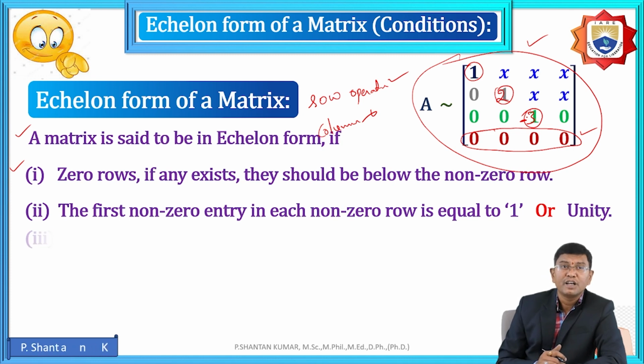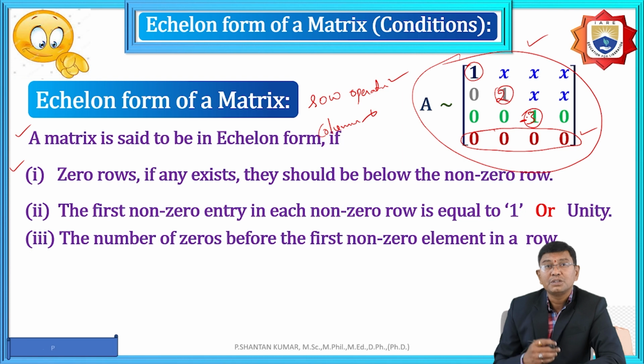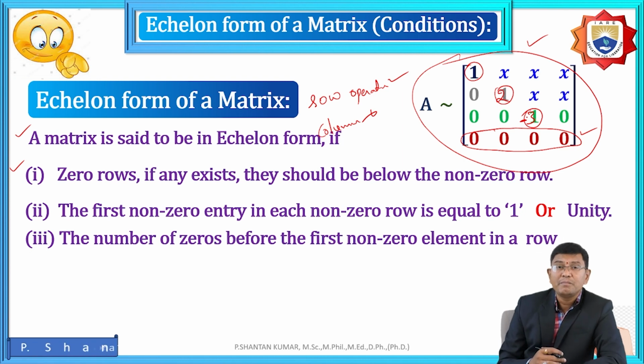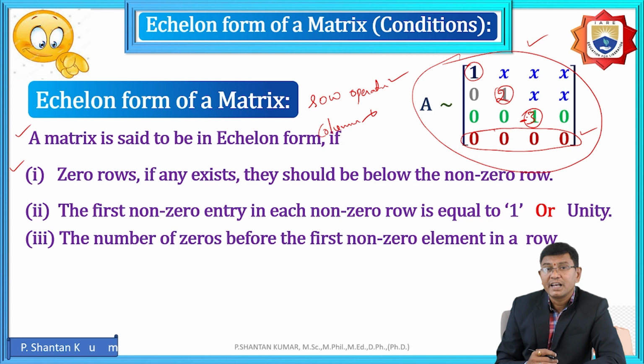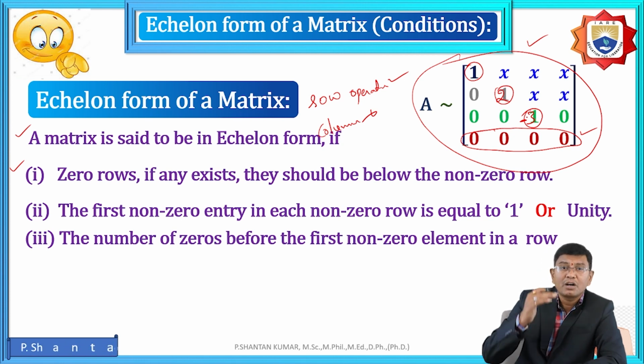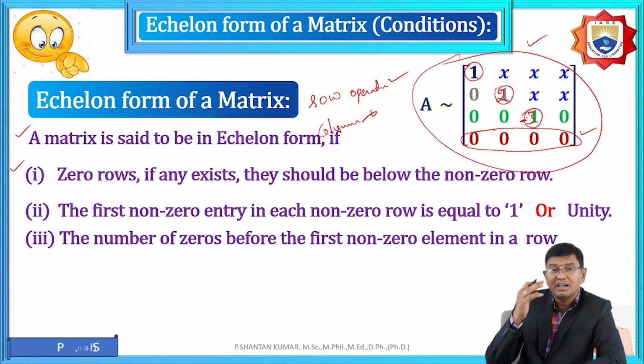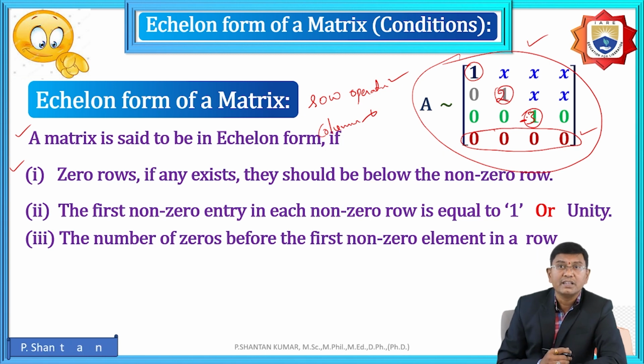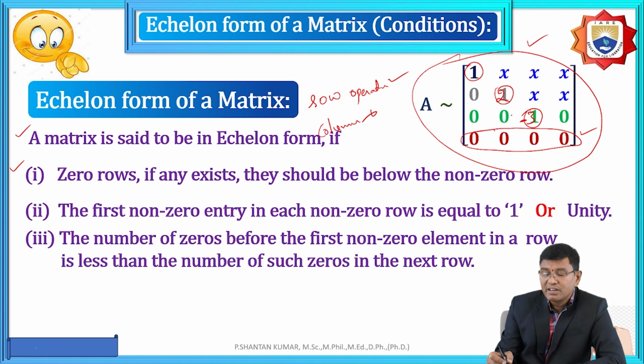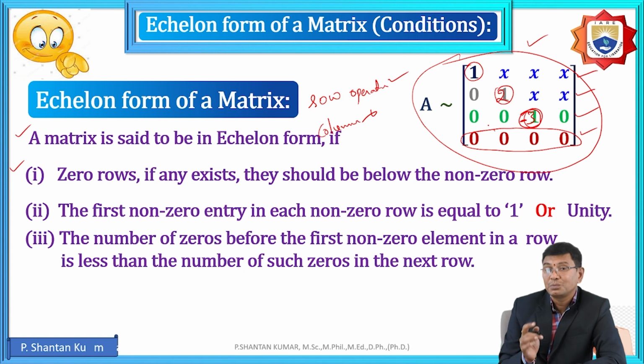And the third condition: the number of zeros before the non-zero number, going top to bottom, is in increasing order, and bottom to top is in decreasing order. What is the meaning of this? For example, observing the first, second, and third non-zero rows, before the 3 the number of zeros is 2.